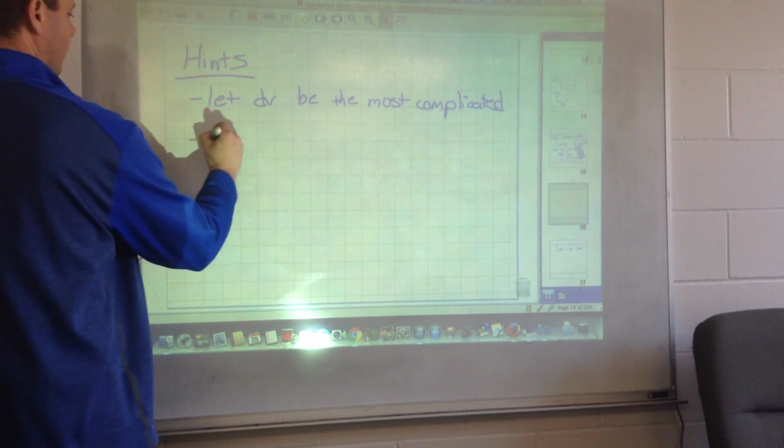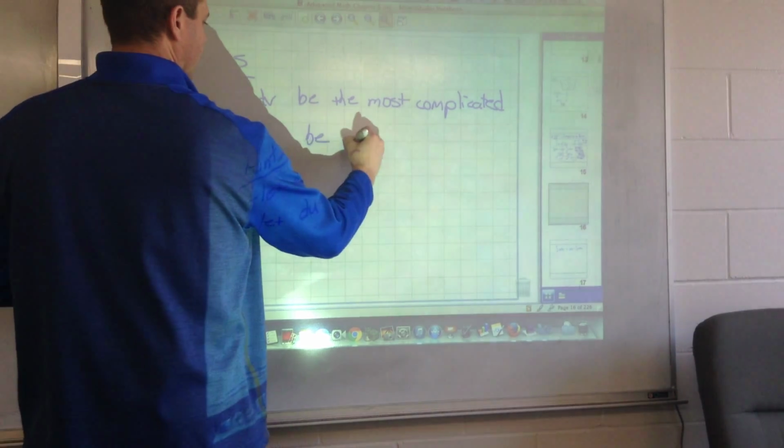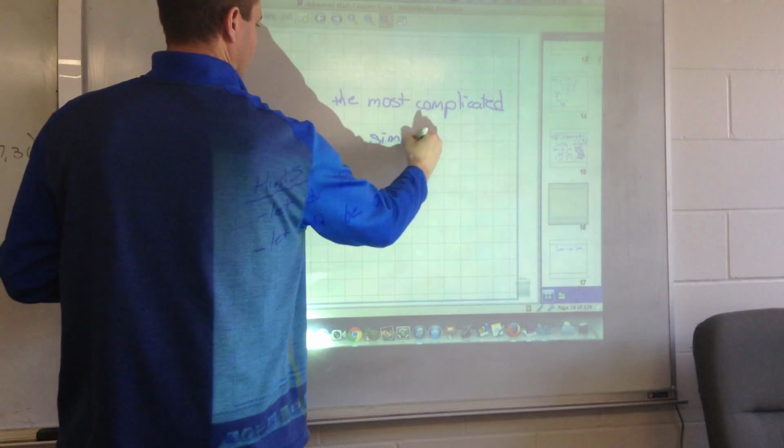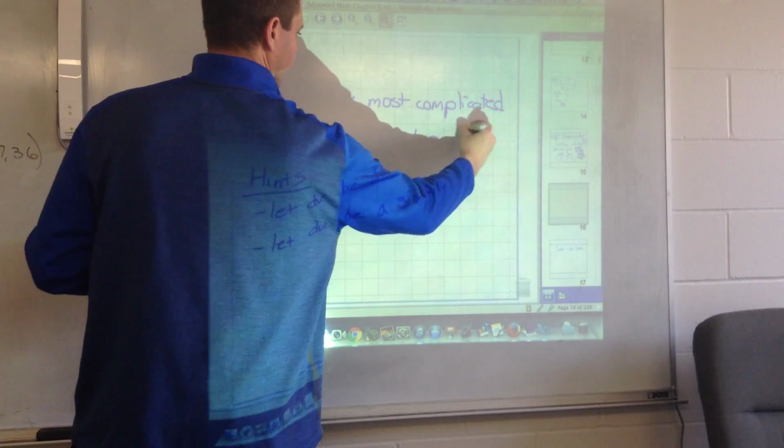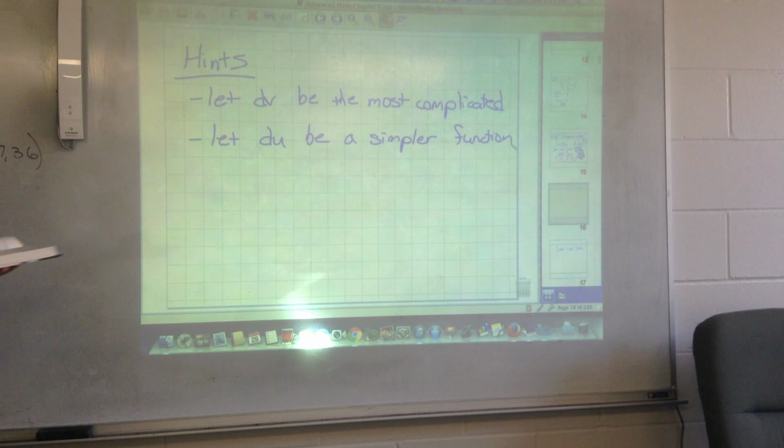And then, like we said, let du be a simpler function. So if you can kind of follow those two guidelines, I think that'll help you in your setup.